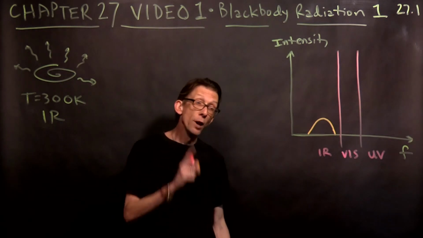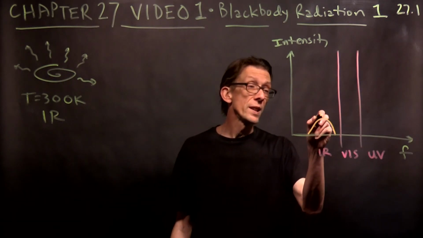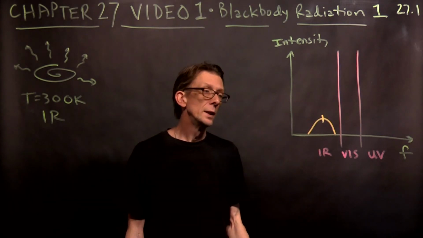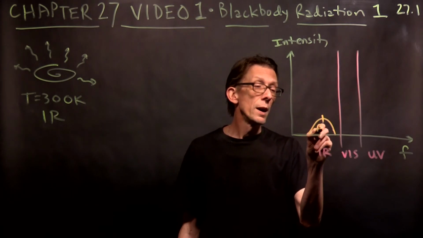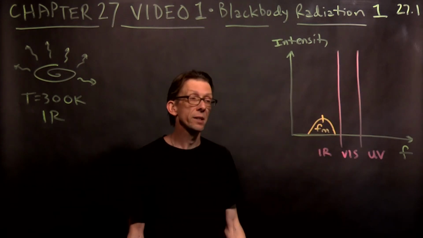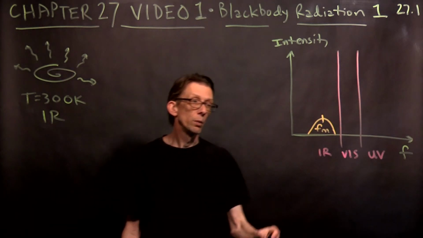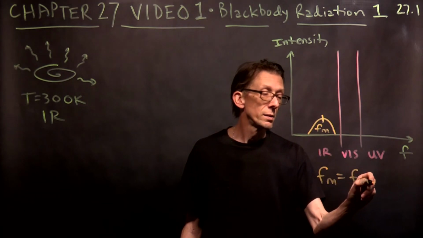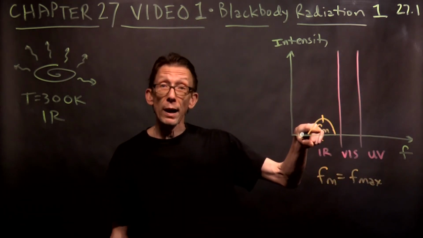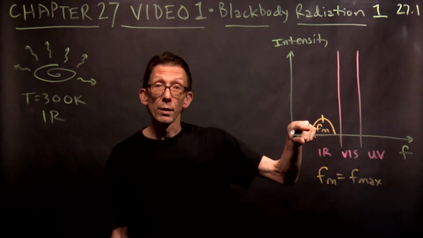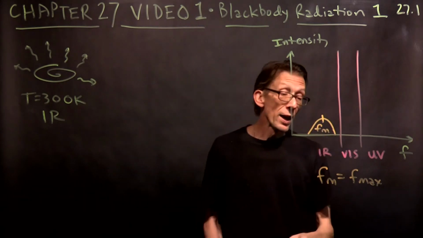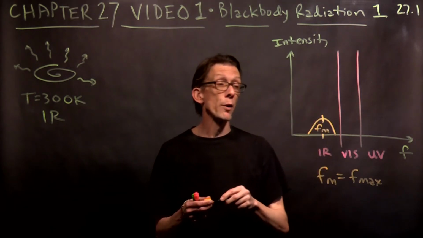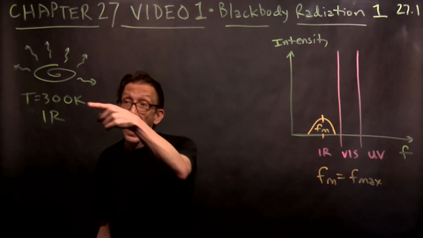I want you to make note of one particular value of frequency, the peak amount of light. The peak occurs at a value we call f sub m, for f max. I just wrote it as f m on the graph because it's so small I couldn't fit max down there. That tells you the frequency at which the maximum amount of light is produced at that temperature.